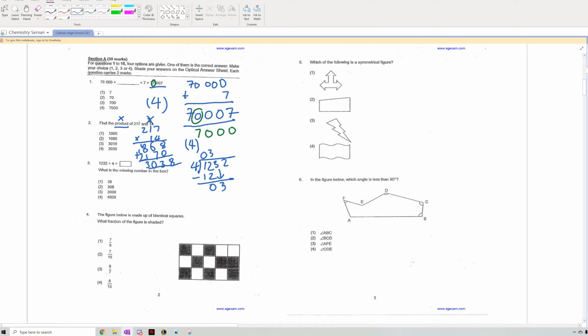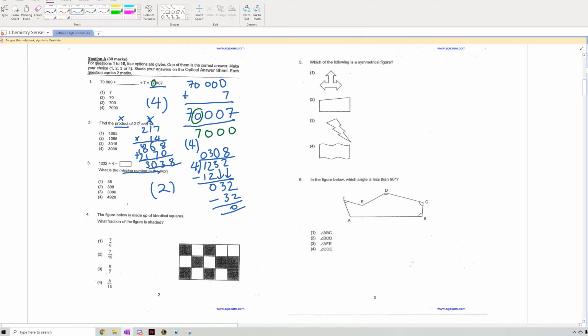Then we bring down the number 2 to make the number 32. So 4 multiplied by 8 will give us 32. So 32 minus 32, and we'll get a remainder of 0. So the missing number found in the box is 308. So the correct answer is option 2.